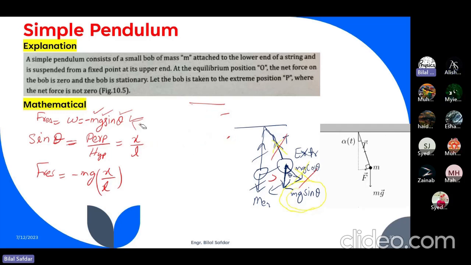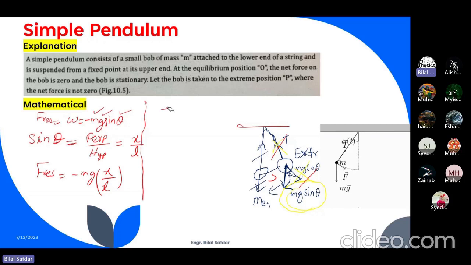Okay, next, we put the value and we get the answer. Like the previous one, there is a force involved here, and what is the formula of force?